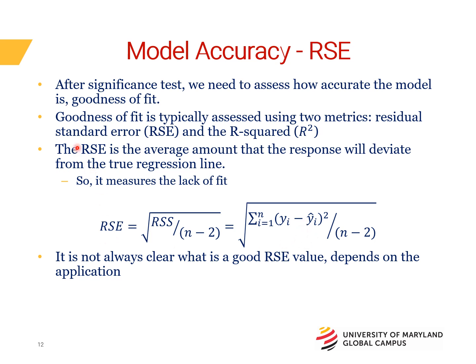Now, although you know that a smaller RSE is a good thing in general, it's not quite clear what is acceptable. That depends on the application, and there's no specific value you're after. Okay, depends on the application.